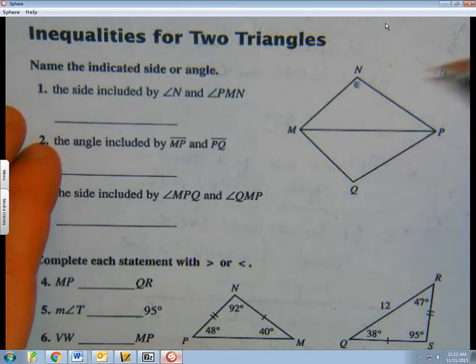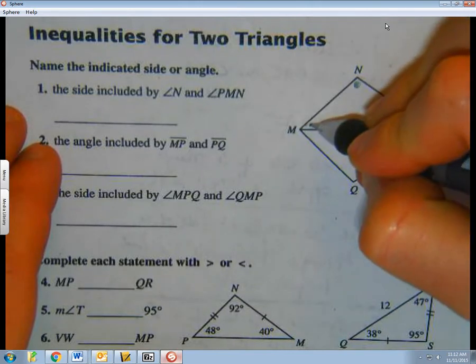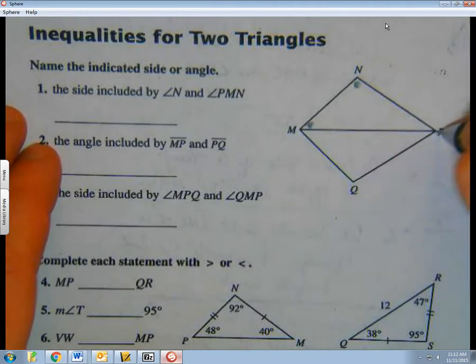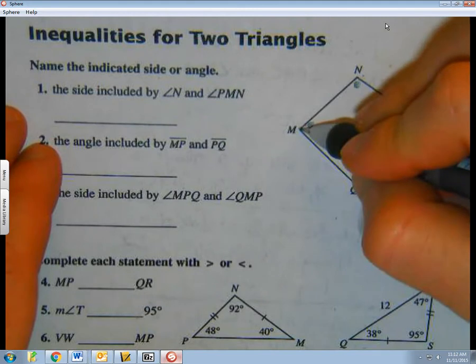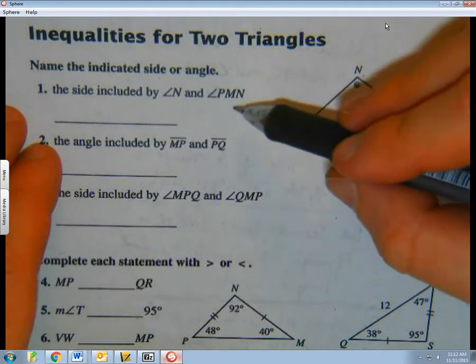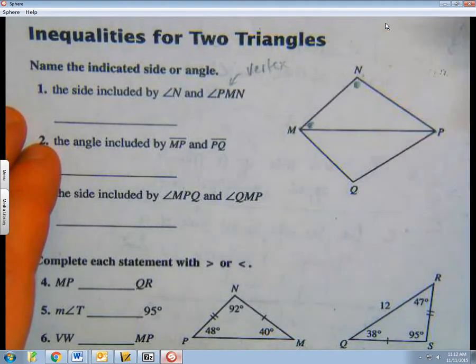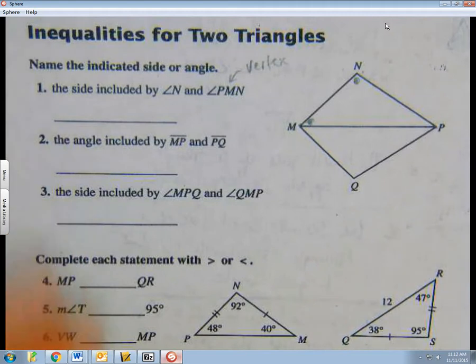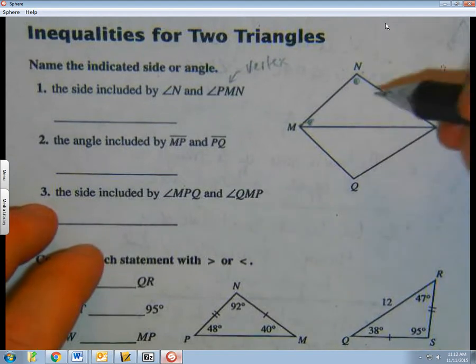PMN is right here. The middle letter is the vertex. And we're reviewing that again because we struggled with these simple identification things on the last test. And that stuff will be on the next test.